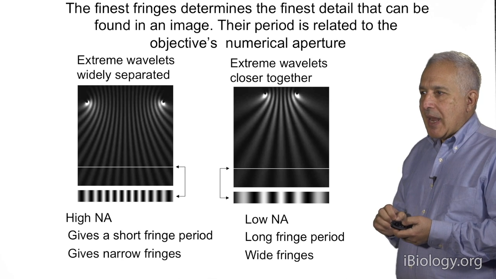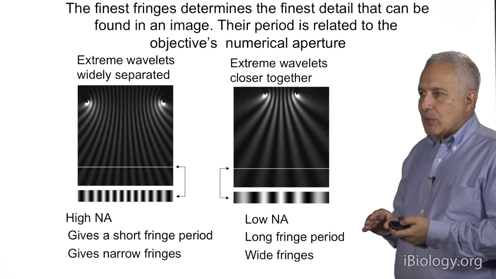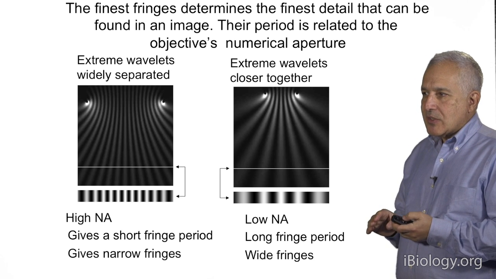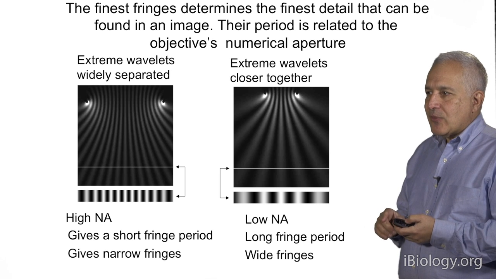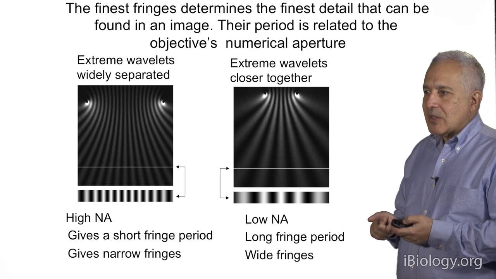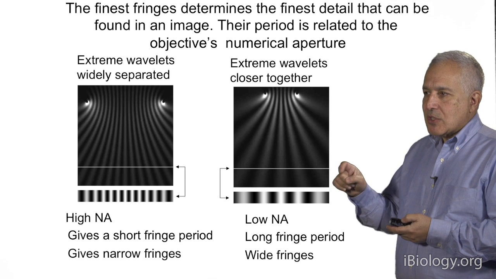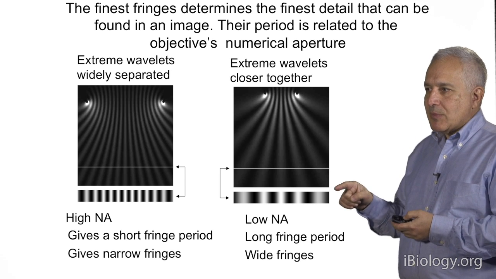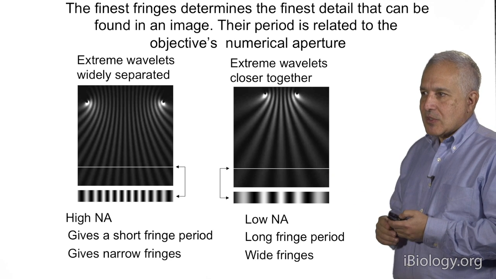So if we compare the extreme wavelets from a curved spherical wave in a high numerical aperture lens and a low numerical aperture lens, you can see that the effect of that is a different pattern of banding down at this arbitrary position here, which will be the image plane, but there's nothing yet to tell you why, because two wavelets doesn't focus on an image.